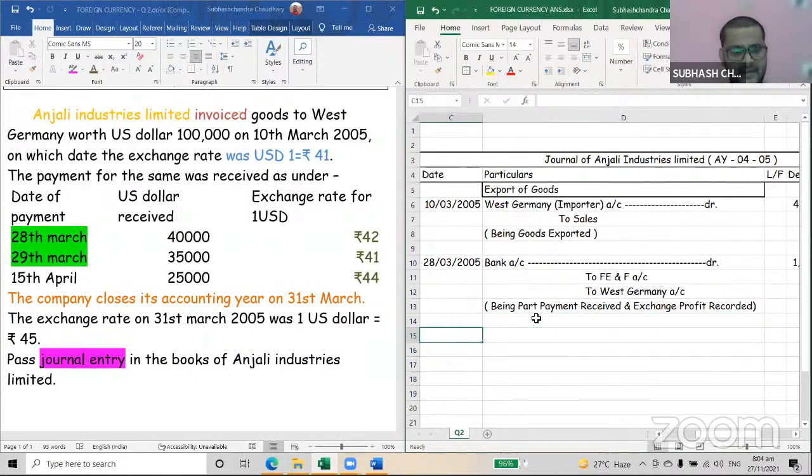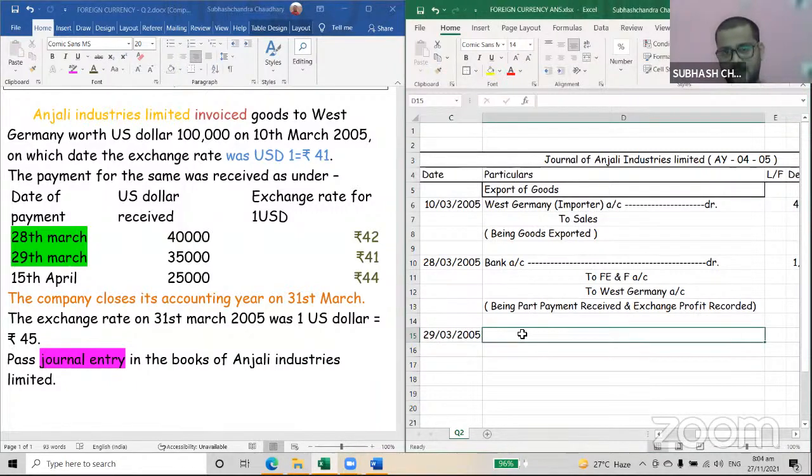After that, we have again on 29/03/2005 a part payment. And that part payment is of $35,000.